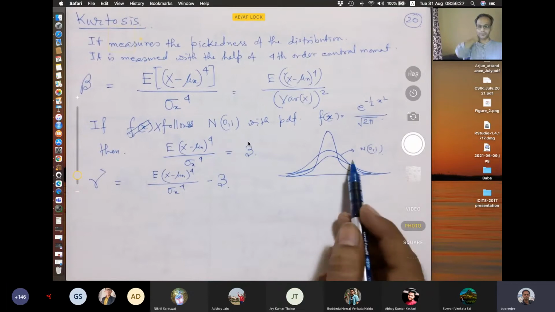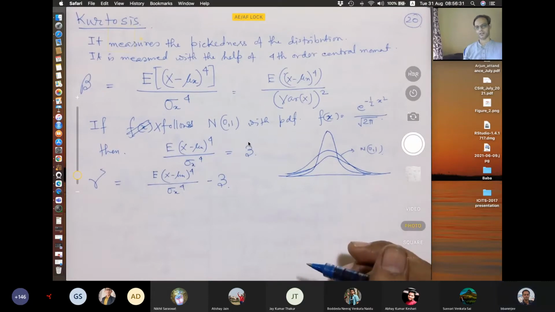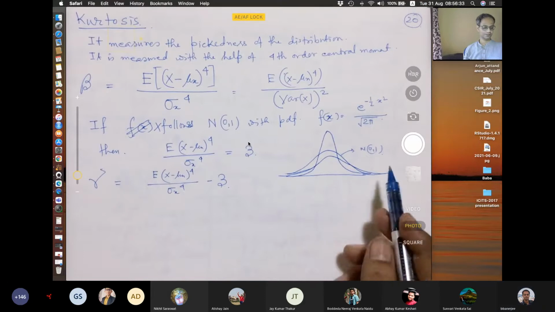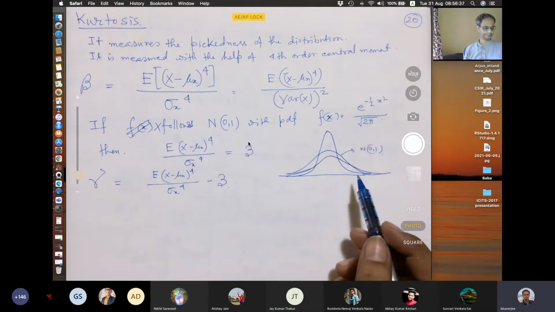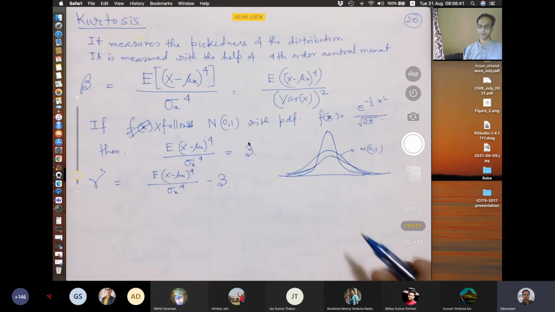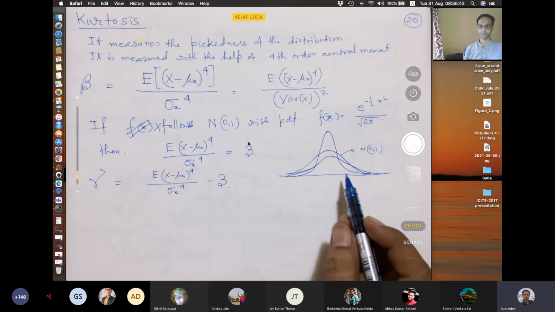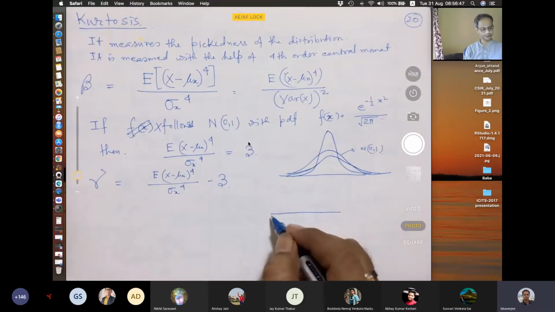So if you have two PDFs, they will always cut at least at 2 points, I think. And a PDF need not always be so nice looking. The PDF also can be like this.